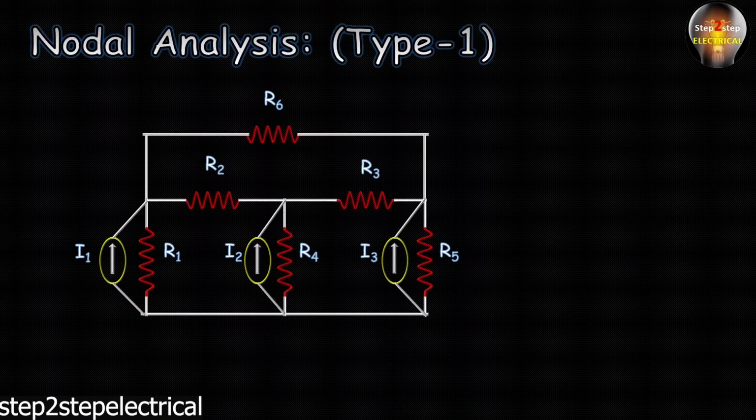Here the circuit has only current sources: one supplying I1, another supplying I2, and a third supplying I3 current to the resistors throughout this circuit. In simple words, this is a circuit having only current sources. Okay, so let's start.